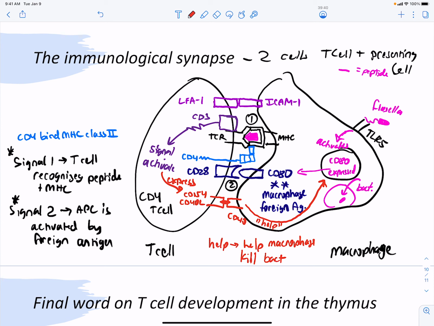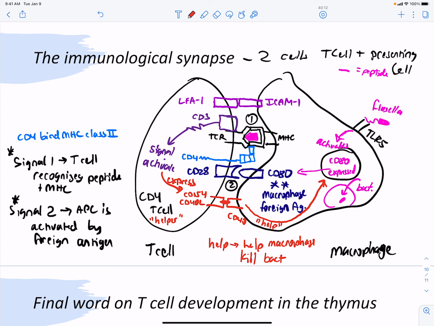So macrophages are decent at killing bacteria unless the bacteria, I'm using bacteria as an example, has the ability to evade the immune mechanisms. And so by activating the CD4 T cell, the helper cell, remember this is a helper cell, you're going to signal the T cell that this macrophage is infected with something, it needs help. The T cell will upregulate CD40 ligand. The CD40 ligand will signal to the antigen presenting cell, hey, you're infected, you need to kill whatever's inside of you.